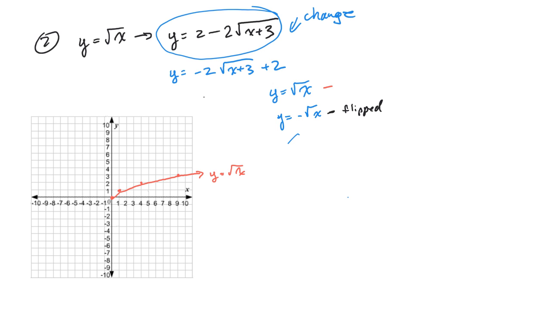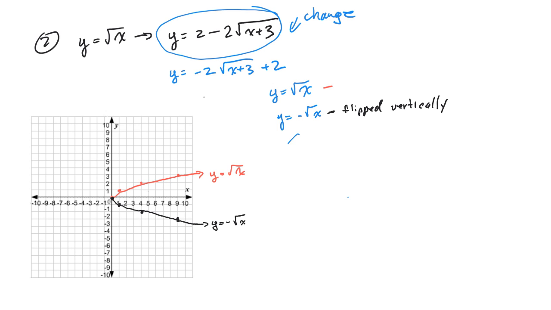Now that I'm flipping them vertically, that means 0 still stays, right? But 1 goes here. Then the 2 that was up top goes to negative 2. And the 3 that was here goes down to negative 3. So now that I've got all those points, I can just graph my bottom half. So now this is y is equal to negative root of x.